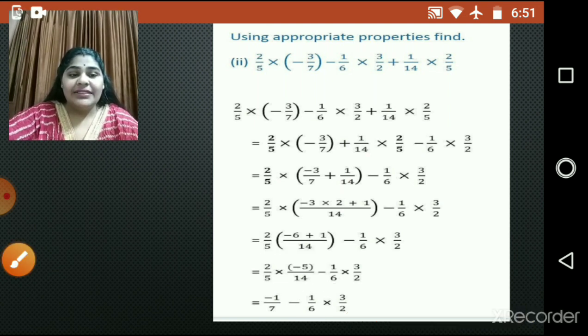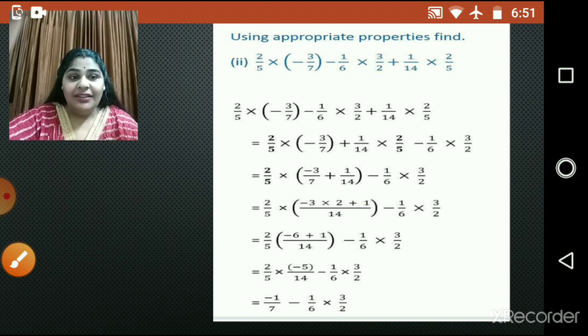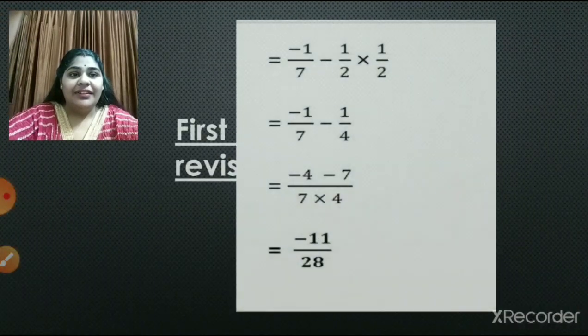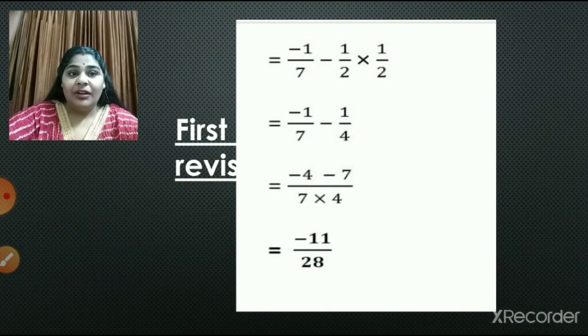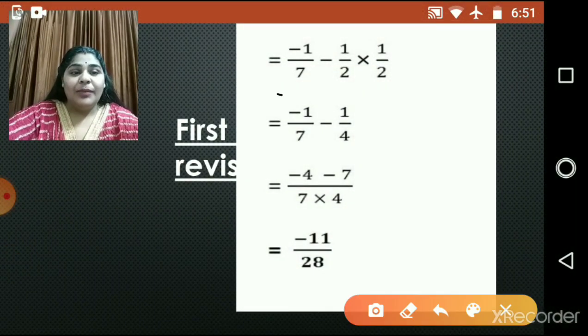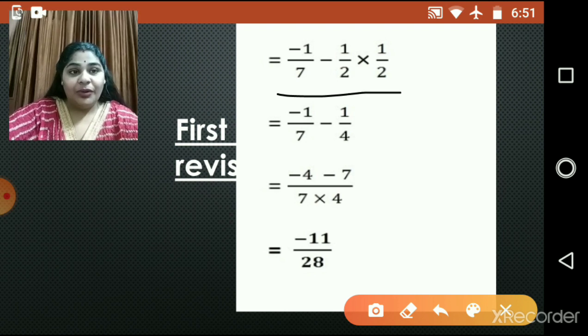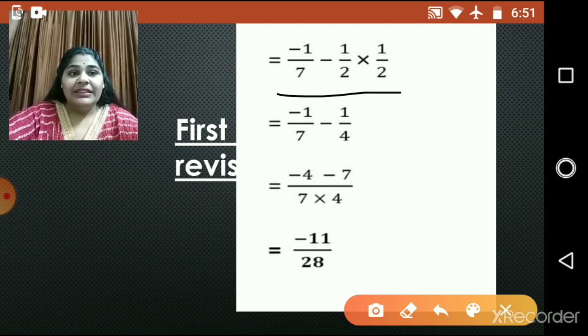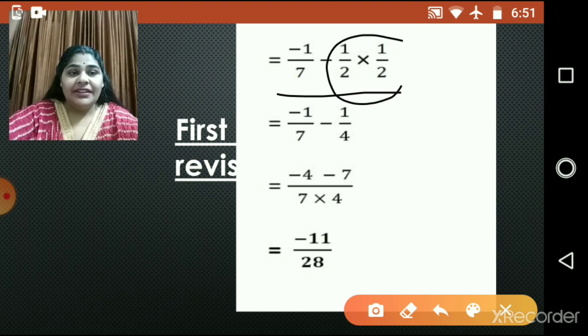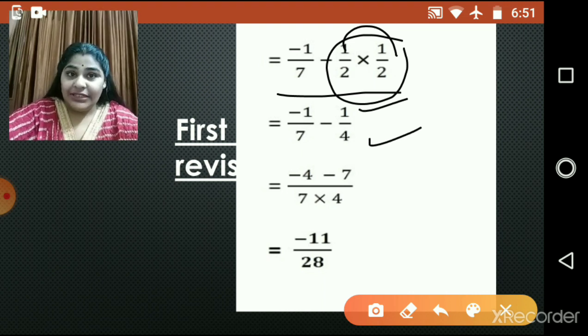Yes, so that is 3 ones are 3, 3 twos are 6, and it will be further, when we solve, minus 1 upon 7 minus 1 upon 2 into 1 upon 2. Now here you can see it is multiplication, 1 upon 2 into 1 upon 2, numerator to numerator if we multiply it will be 1, and 2 twos are 4 in the denominator.